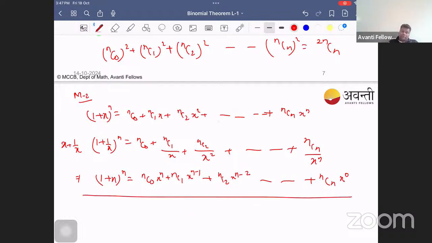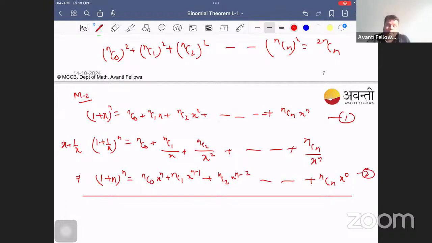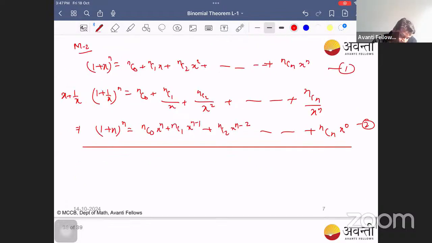Now we have two equations. Say this is the first one, this is the second one. In the product of these two equations, compare the coefficient of x to the power n on both sides.